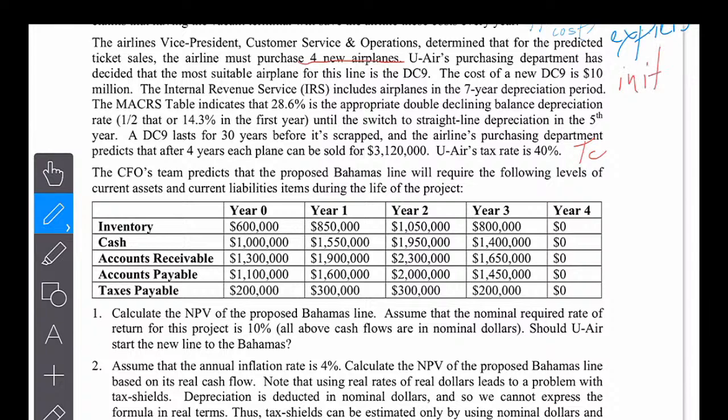Oh, I'm still using red. I'm going to go back to blue. Okay, so what is the plane's price? 10 million.